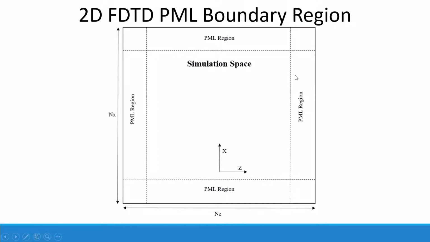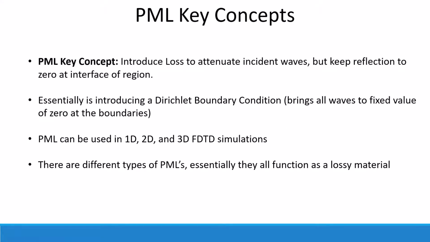So moving into some key concepts for the PML. We want to introduce loss in the region so that any waves that are absorbed are attenuated down to zero. But we also want to keep reflection to zero at the interface so we don't interfere with anything going on in the simulation space. So essentially, with the attenuation to zero, the PML introduces a Dirichlet boundary condition at the extreme edges, since it brings all the waves to the fixed value of 0 at the boundaries.